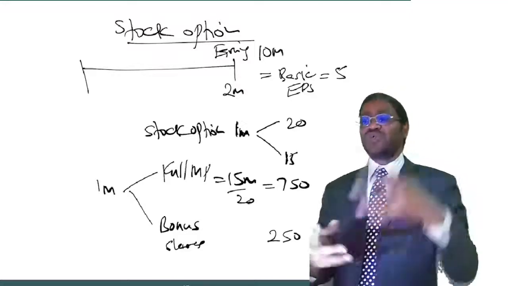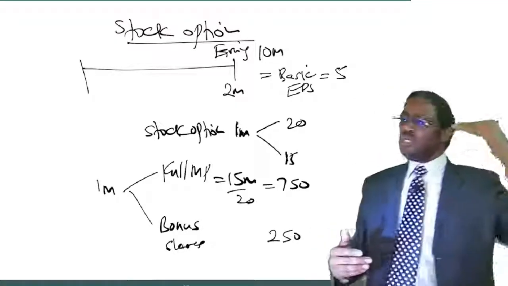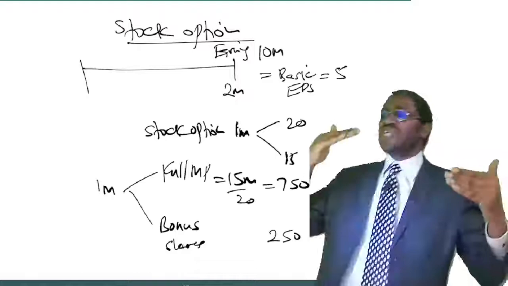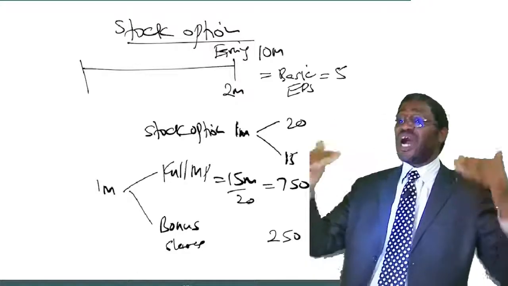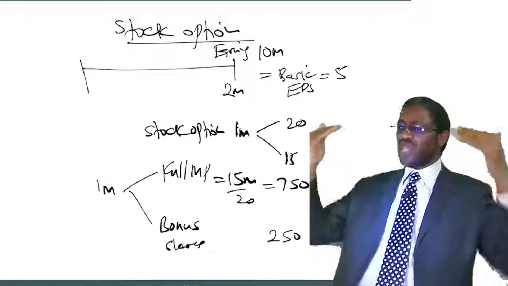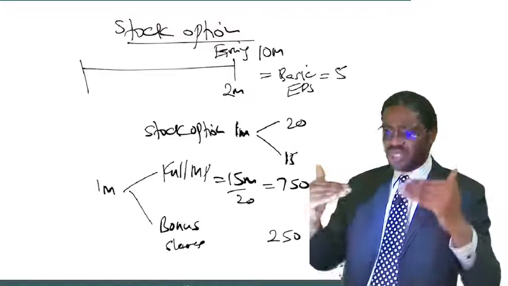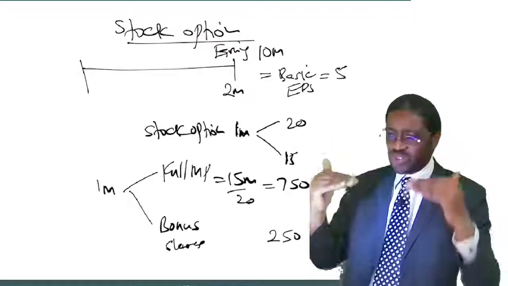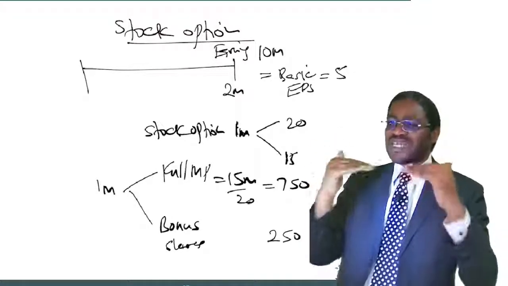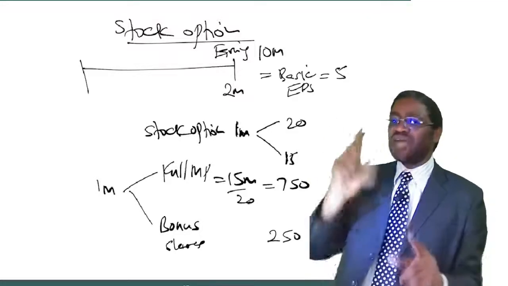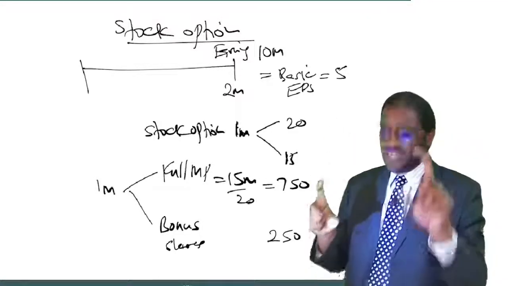Why? Because you existing shareholders bought shares at full market price. These guys will come and buy another 750 at full market price. That does not dilute the interest of the existing shareholders. The 750 does not dilute.